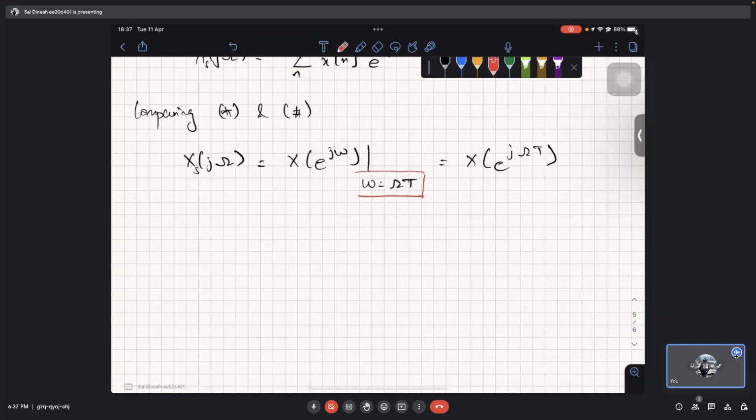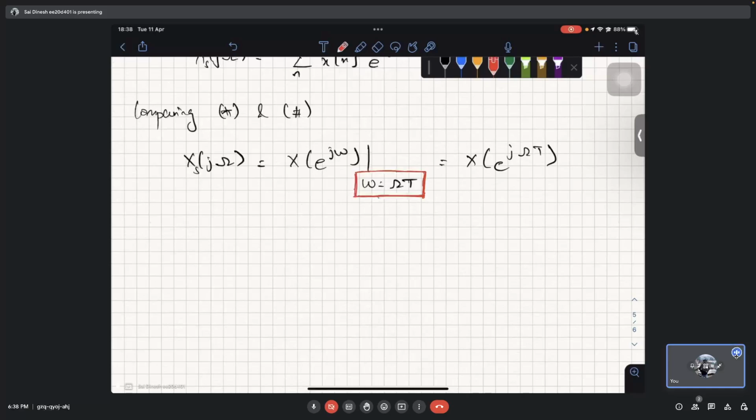So if we take the capital omega and normalize with T, that is multiply with T or divide by fs, we go to the discrete frequency omega, right?